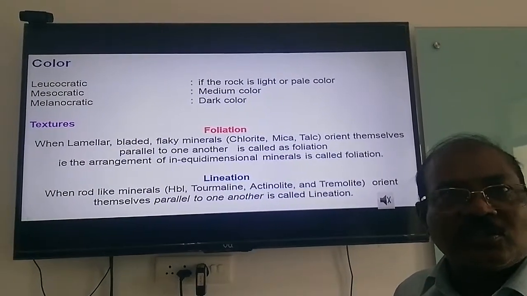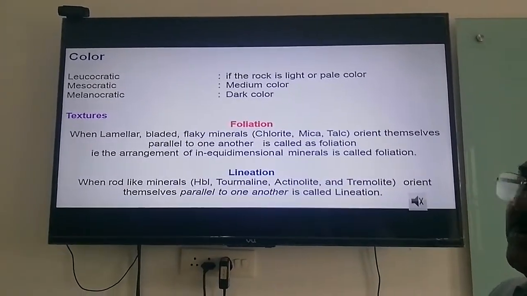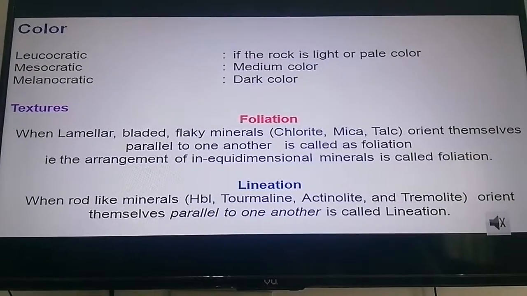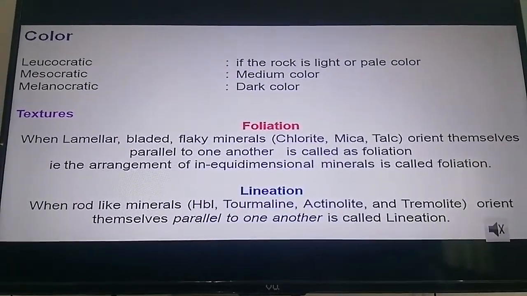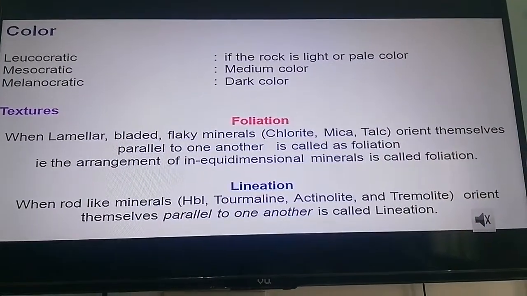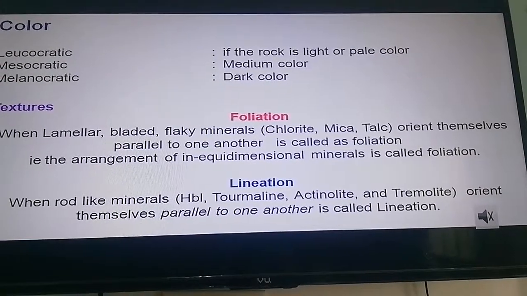Bladed minerals means kyanite, sillimanite, etc. When these orient themselves parallel to one another, it is called foliation. That means lamellar, bladed and flaky minerals orient parallel to one another. That is called foliation.